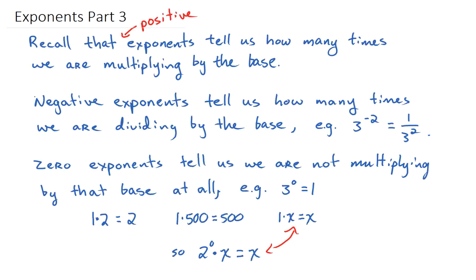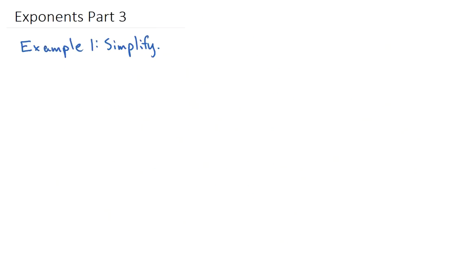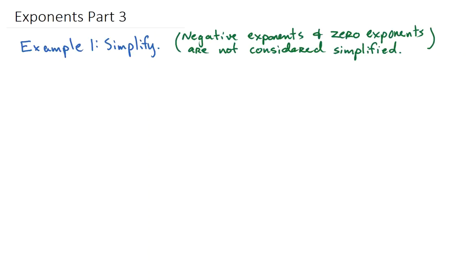Now we're going to dive into a couple of examples to see how it'll play out. So our first example, our directions are to simplify, and with these directions, there's an important thing to understand with exponents. Negative exponents and zero exponents are not considered simplified. So we need to keep that in mind as we're working.